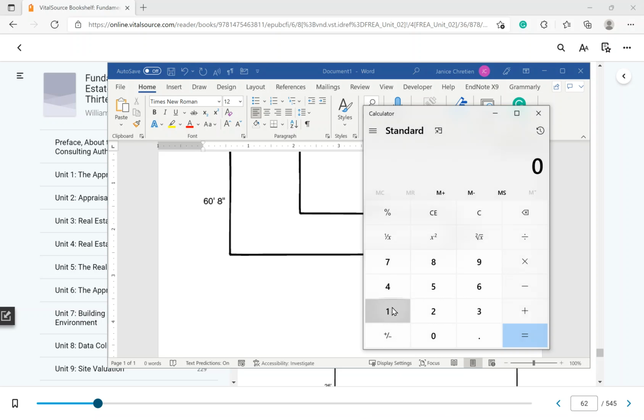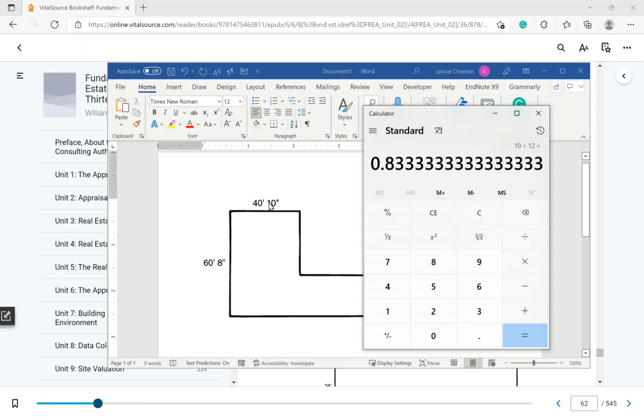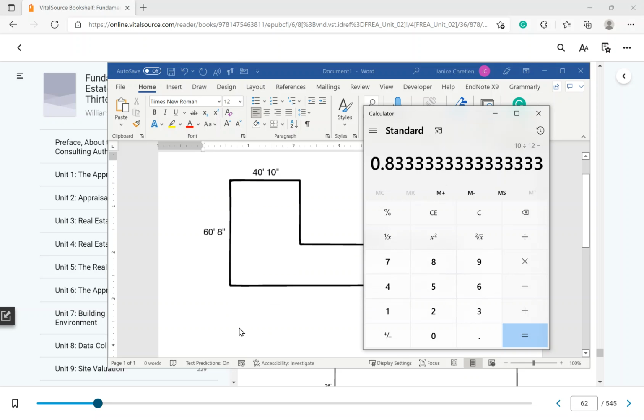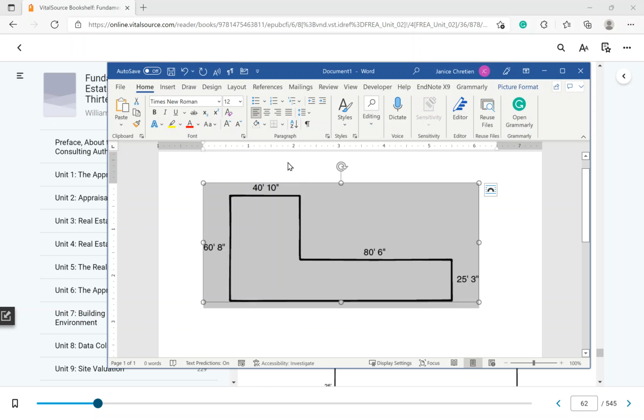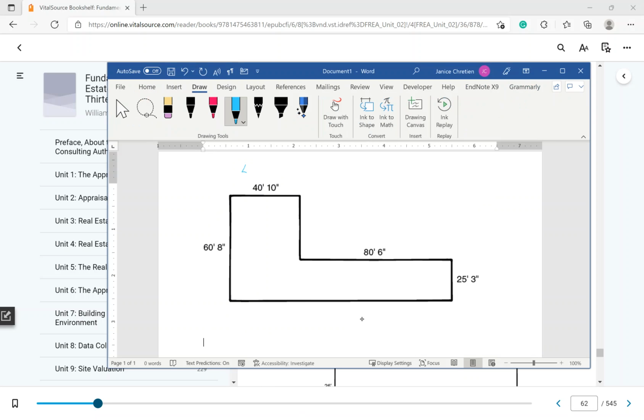So 10 inches divided by 12 inches says that 10 inches is 0.83 of a foot. So I would make this 40.83. And I would do the same for all of these.